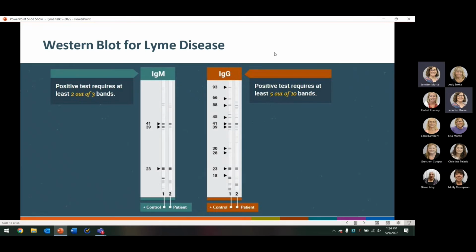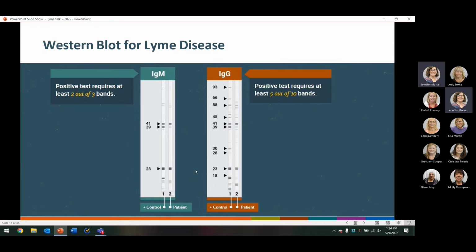So this is what we're talking about with the Western blot. On the left side of these are the controls. So these are the 3 bands that you would be looking for. This is an image of an example of a patient sample. So as you can see, they have 1, they have 2, they have 3 bands here. They have 1 really faint, 2, 3, 4, 5, 6, maybe 7.